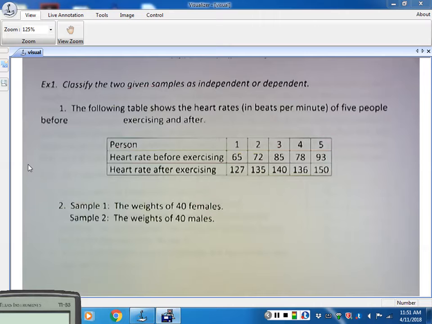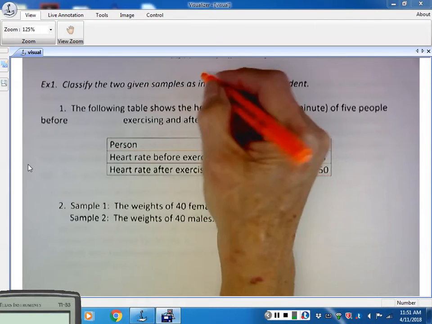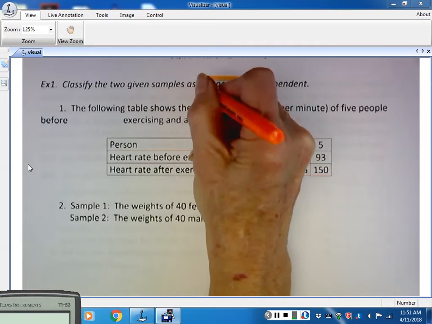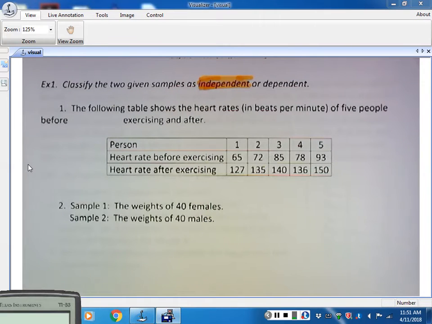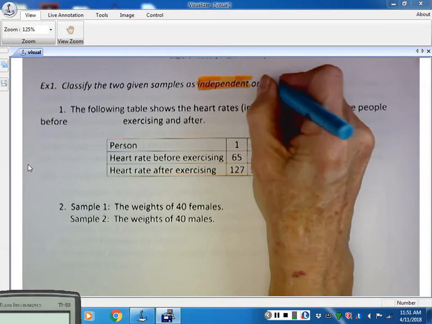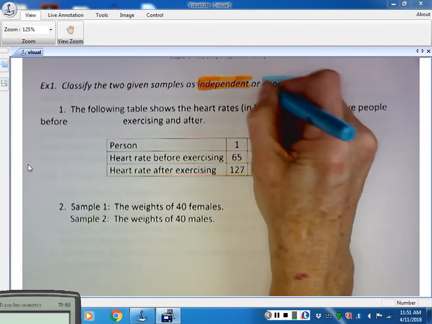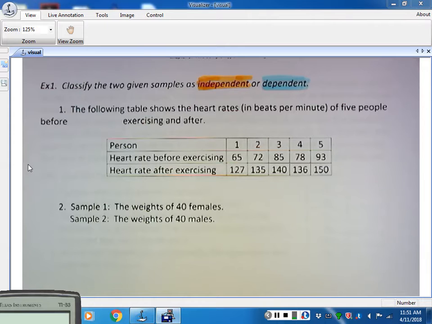Are they independent or are they dependent? So in the first problem, we've got a table that shows the heart rates in beats per minute of 5 people before and after they exercised.